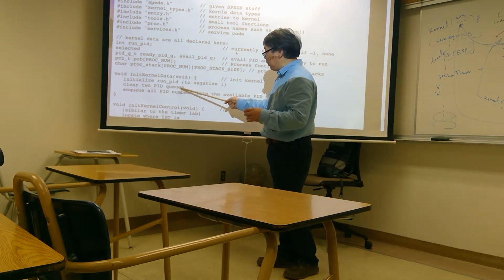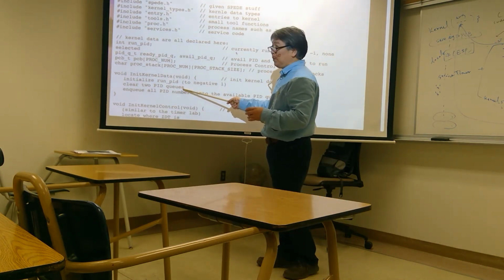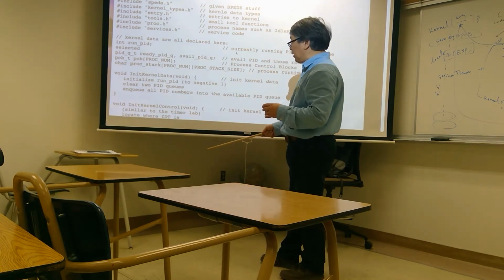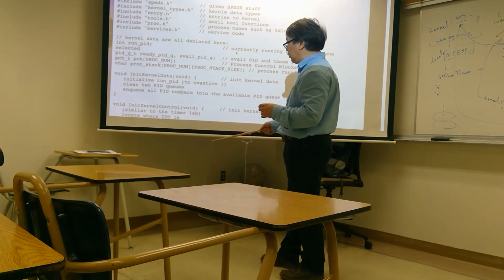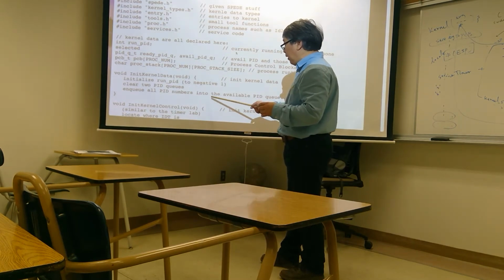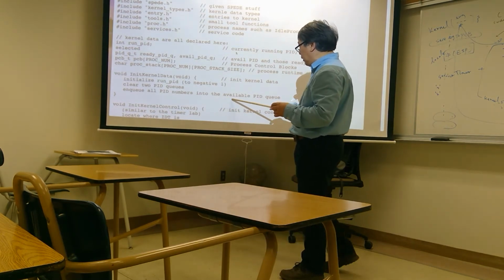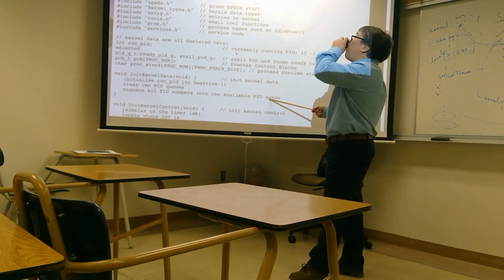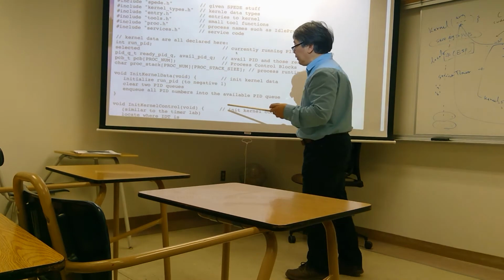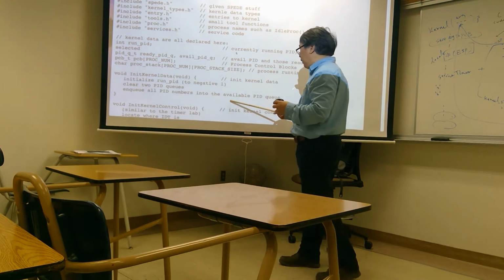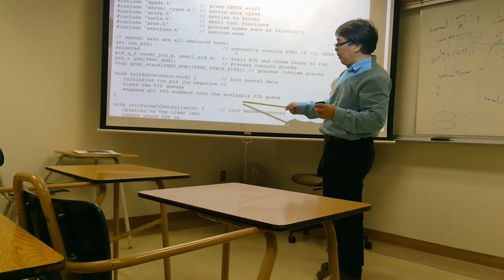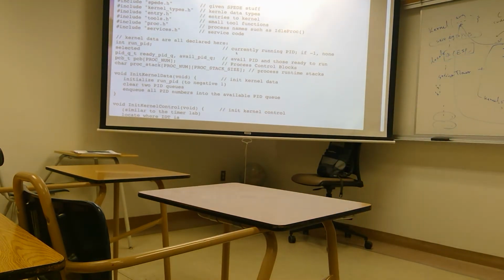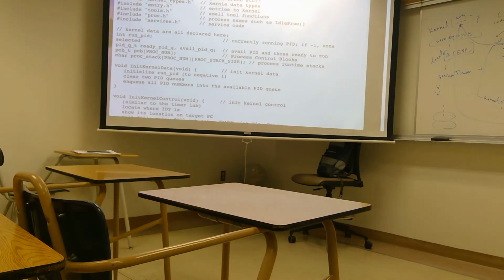And we're going to clear two PID queues. Use MyBzero to clear the two PID queues. MyBzero is one of the two functions you write in the tools.c. And enqueue all the PID numbers into the available PID queue. So you put 0 to 19 into the available PID queue by calling the enqueue function from the tools.c in a loop.